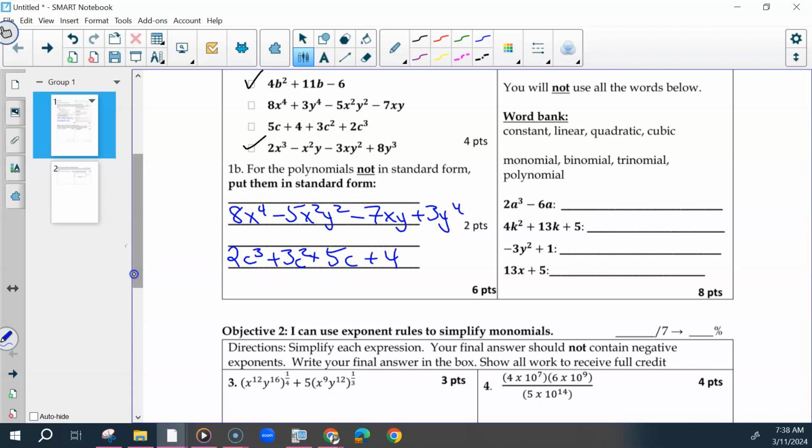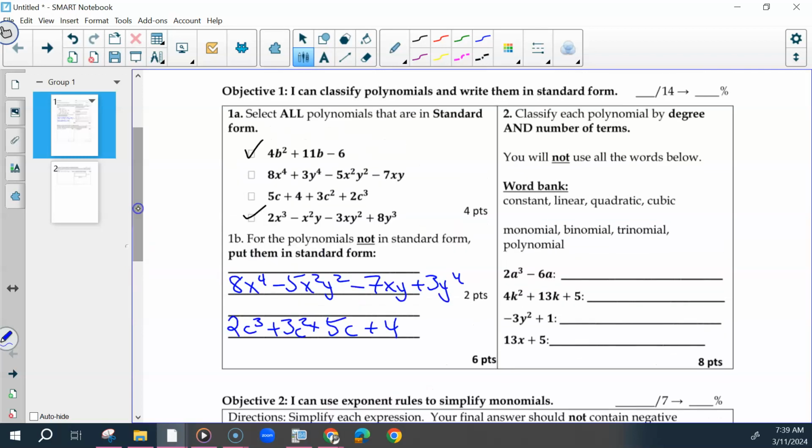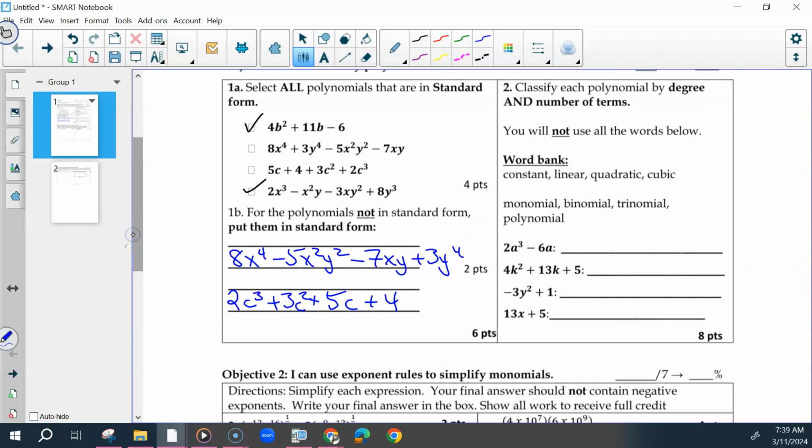Questions on that? Most of us got the second question right for the most part. So these were your degrees and these were your number of terms. So this one was a cubic binomial.